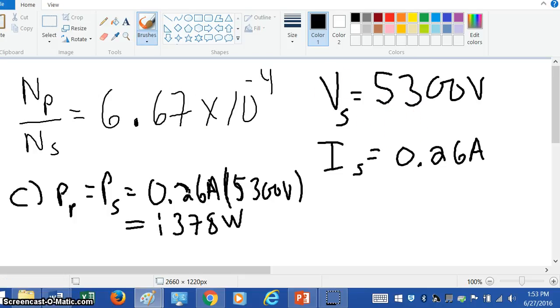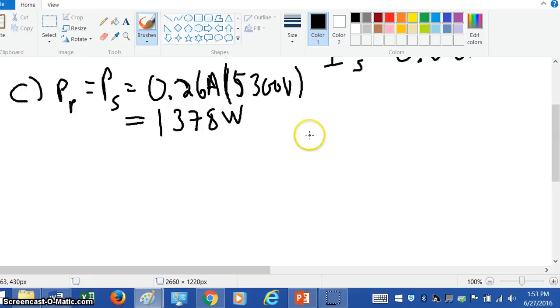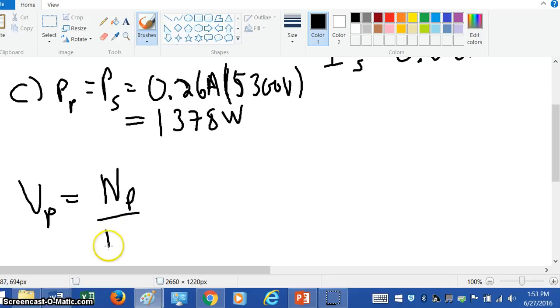All right, so the next thing is we're going to have to get the voltage in the primary. Okay, so that's question A. And so if we rearrange the equation, just the same as when we solve for the voltage in the secondary, we just bring the n sub p over, right? And so the n sub p is going to be divided by n sub s, right?